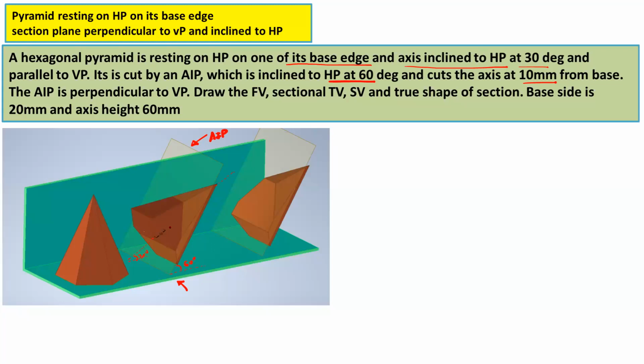And it cuts the axis, so this is the axis, at 10 mm from the base. So this is the intersection point. Let us take this point as M. So the sectional plane is passing through the point M, and point M is at 10 mm distance from the base of that pyramid.